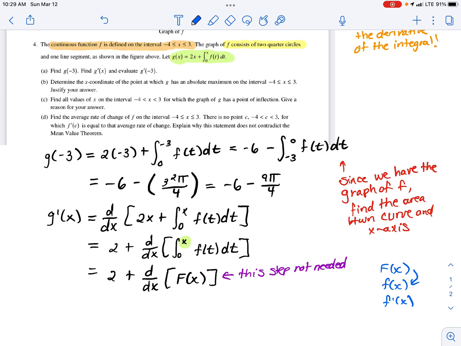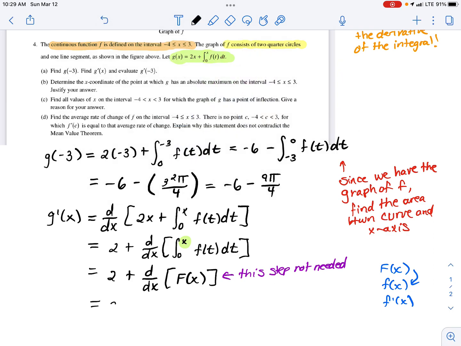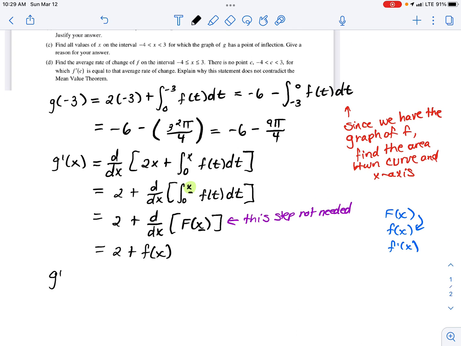I'm defining the derivative of big F, so I'm back at little f. So this is just going to be 2 plus, and the input is x, so this is plus f of x. So ultimately, this is what you could just write on your paper, that g prime is 2 plus f of x. Okay? And that would give you the point.